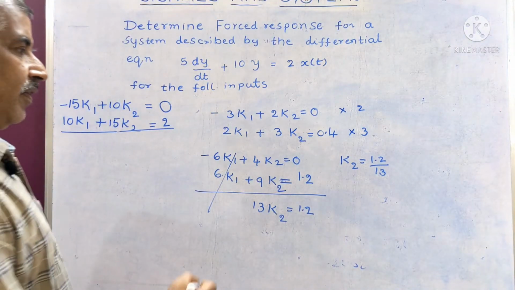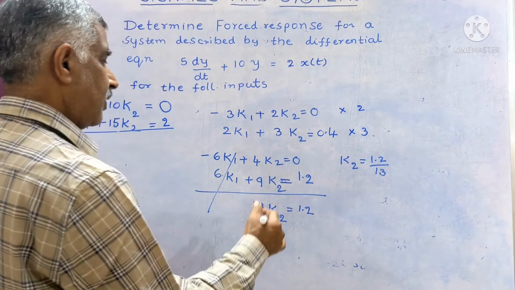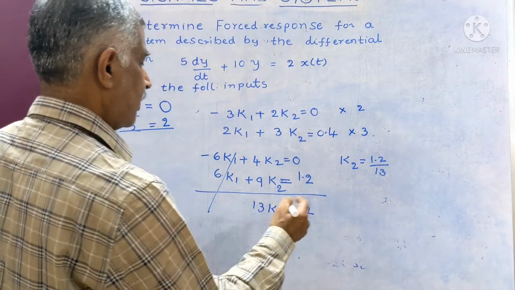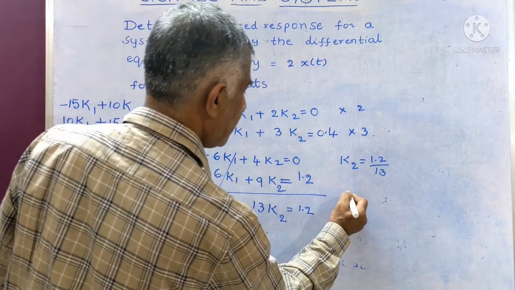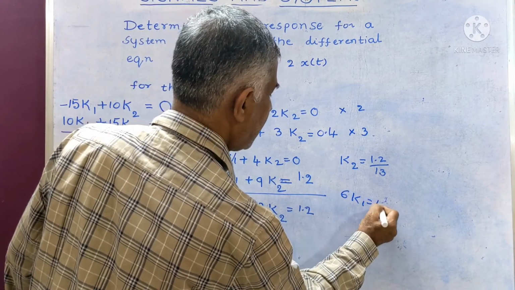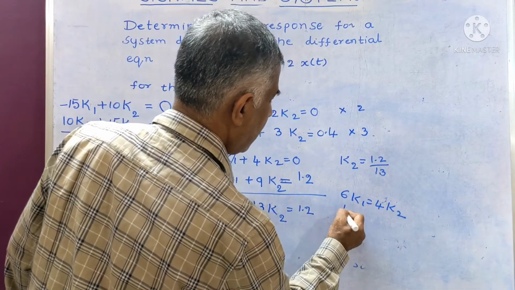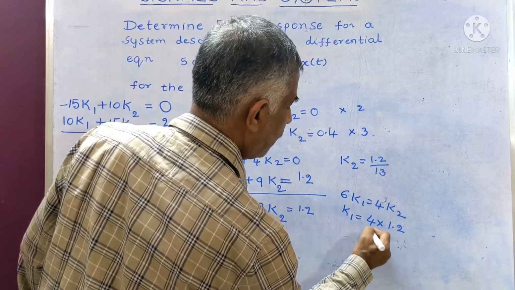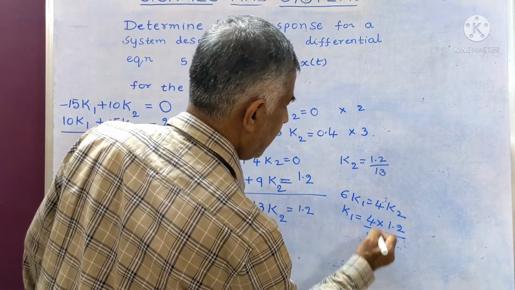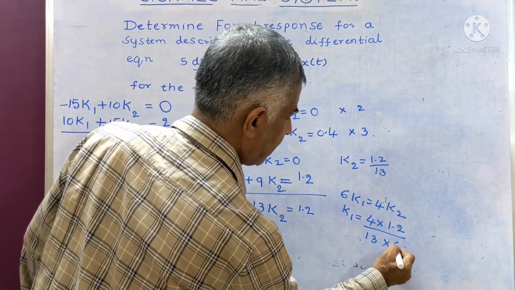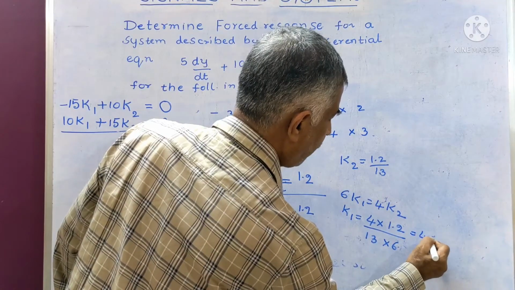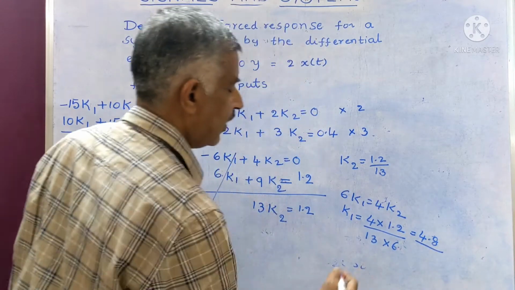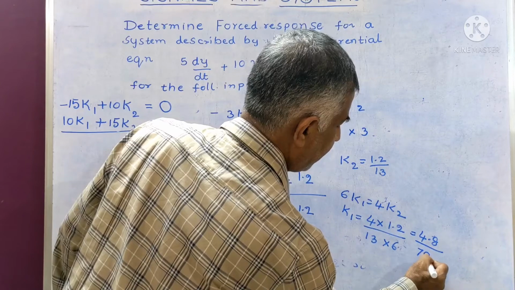Next, find the k1 value. In this equation, 6k1 equals 4k2. Therefore, k1 is equal to 4 into 1.2 by 13 into 6, that is 4.8 divided by 78.